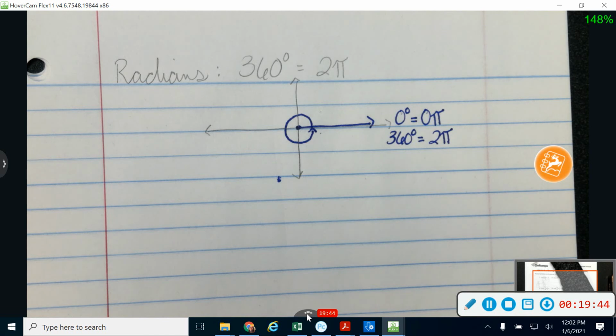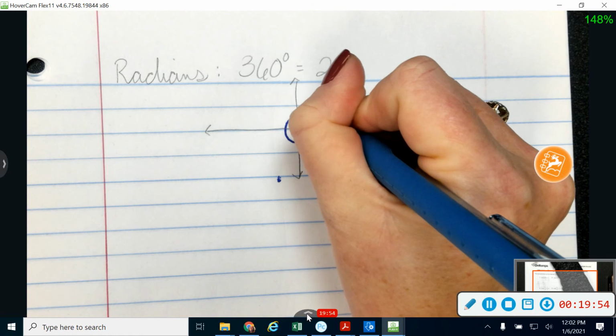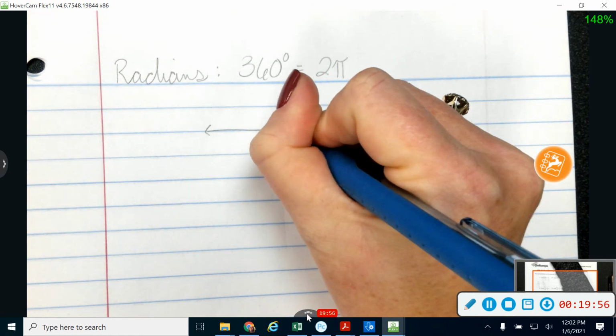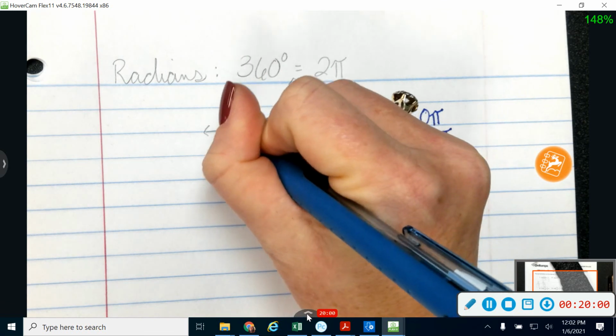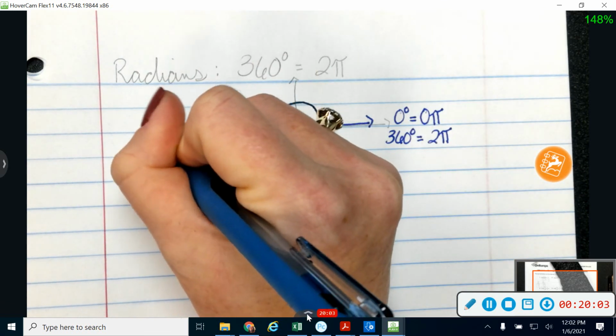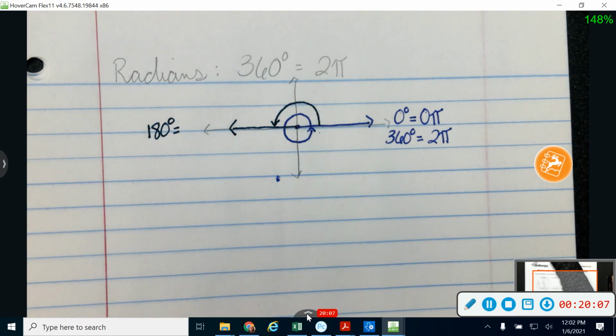All right, change colors. I'm going to go to 180 next. I'm going to go counterclockwise in my navy pen, right here to 180 degrees. 180 is half of 360.